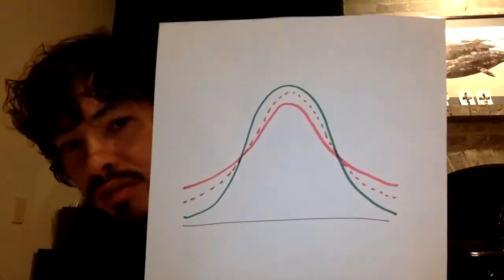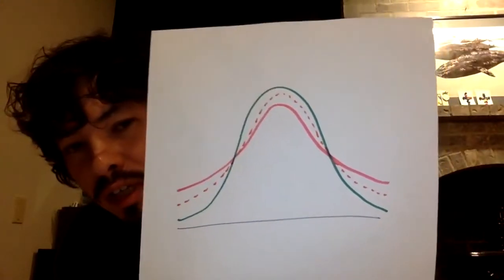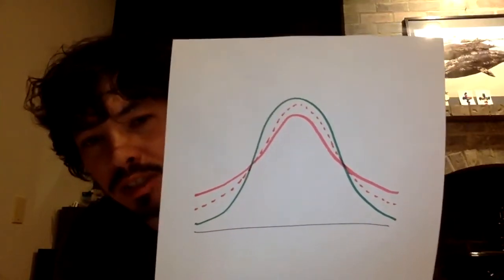And then another t model, I'll make this one a dotted one. So there are the models. We got a dotted line, we got a pink, and we got a green. The green would be the normal model, and the other two are two different t models.